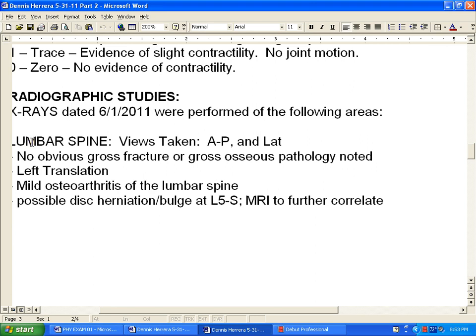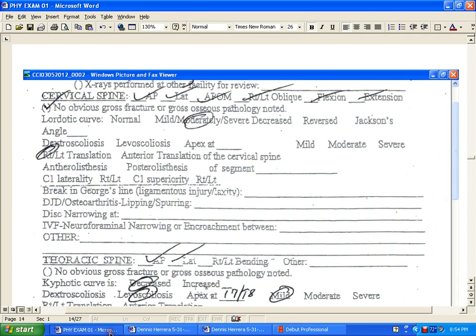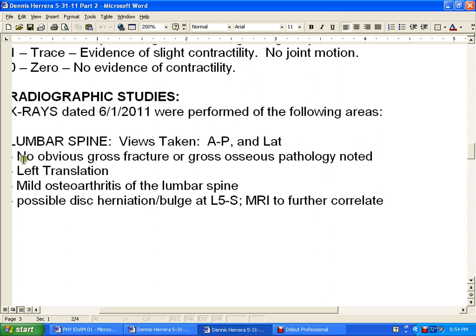And you put cervical spine, views taken, A-P, and for lateral you put capital L, small a, and small t. That's how the doctor wants it. And then you go through it. And in this case, no obvious gross fracture or gross osseous pathology noted, just like in the template that's in there.